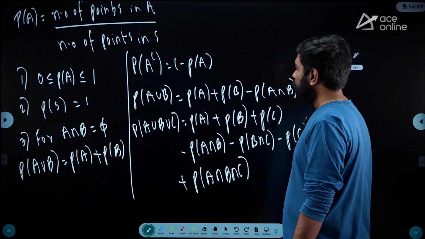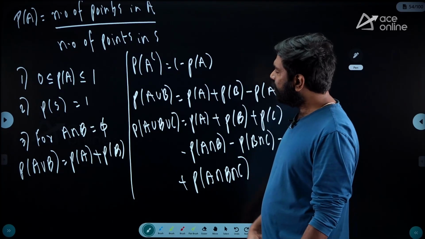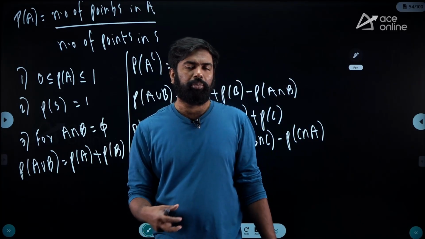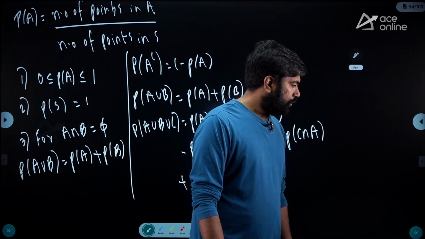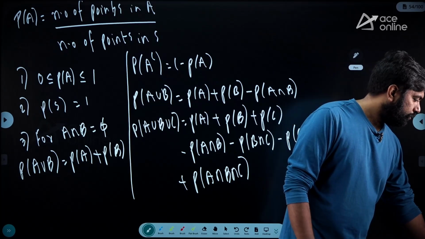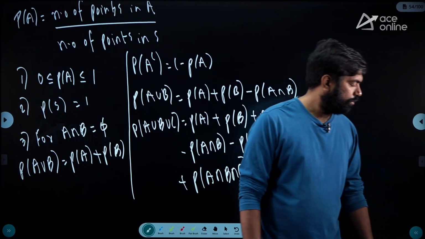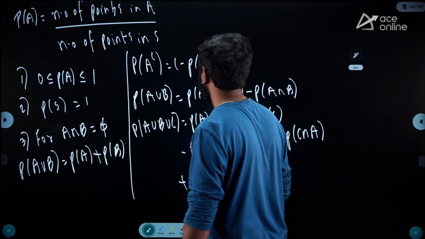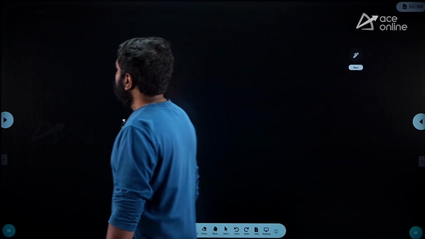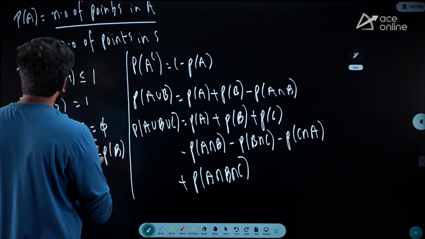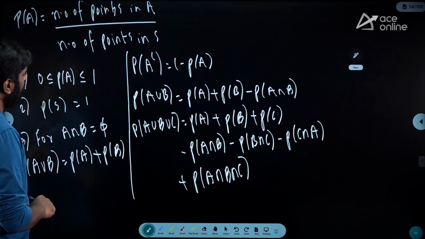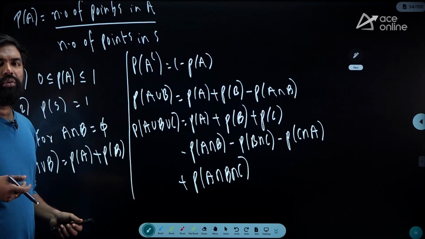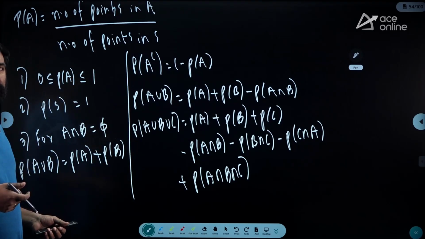So what next? There are a few more theorems I would like to quickly revise and then solve problems on them. So yeah, we have completed the basic definition, axioms, complement rule, addition rule, multiplication rule, like the conditional probability, multiplication rule and the Bayes rule.